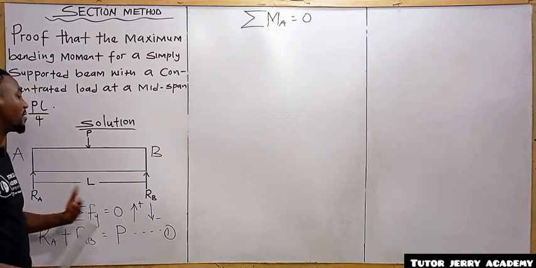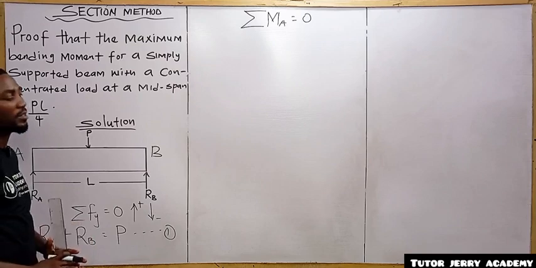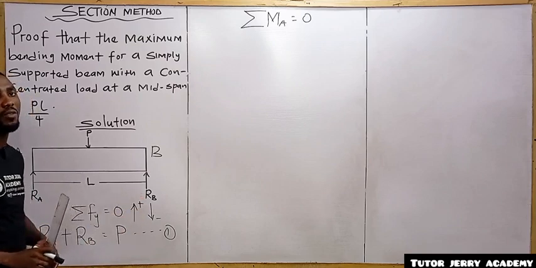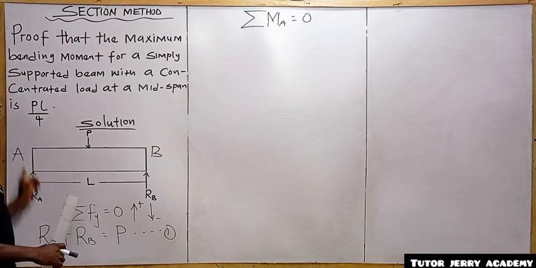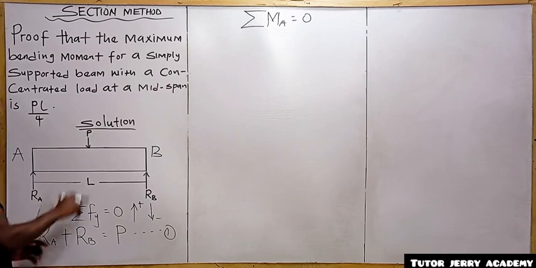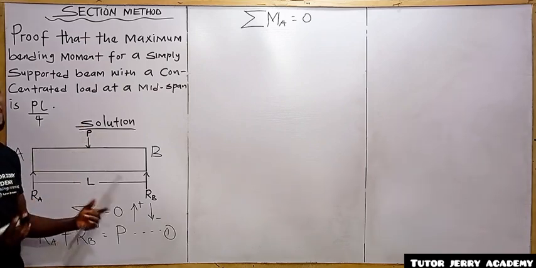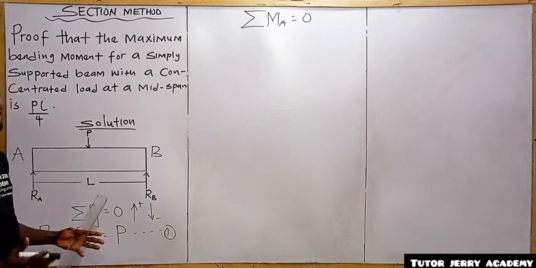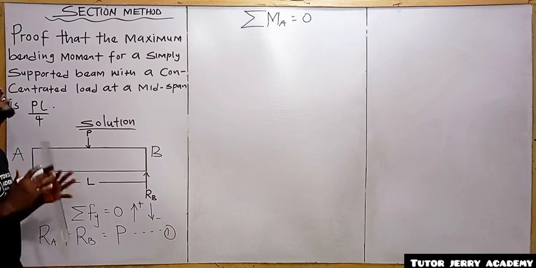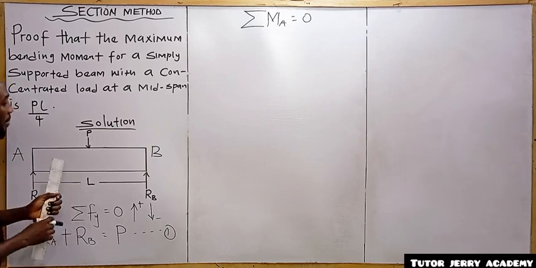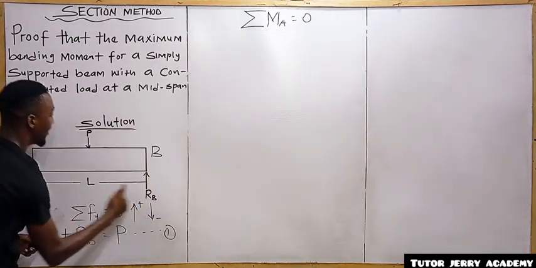So the moment created by our upward force will also be positive, and the moment created by our downward force will be negative. Our upward force creates an anticlockwise moment, while our downward force creates a clockwise moment. And moment is nothing but the product of force multiplied by the perpendicular distance. What do we mean by perpendicular? It means it must be inclined at 90 degrees.